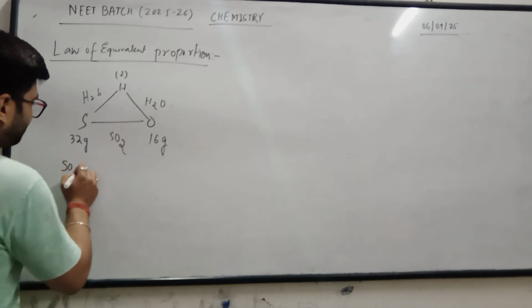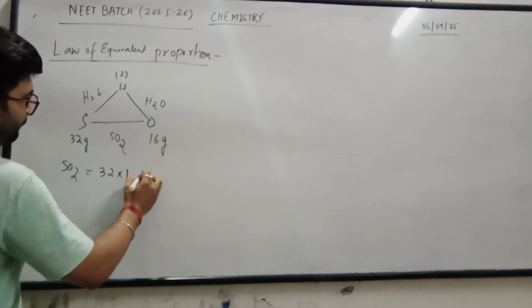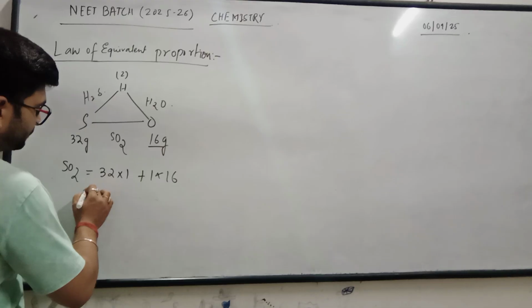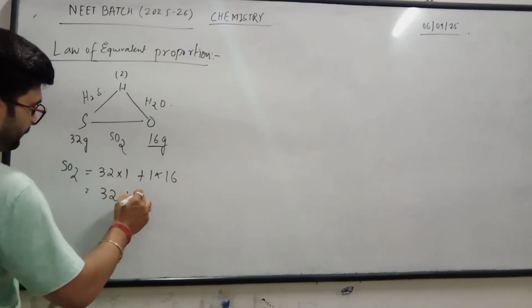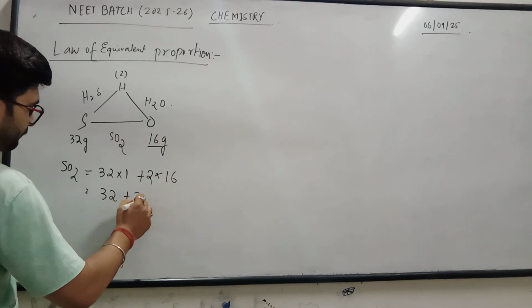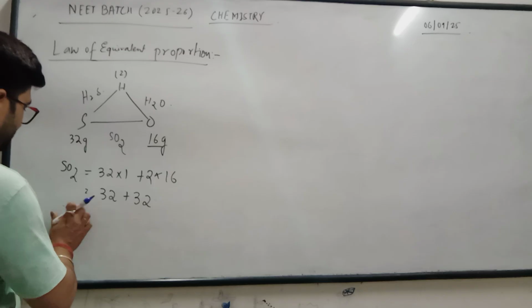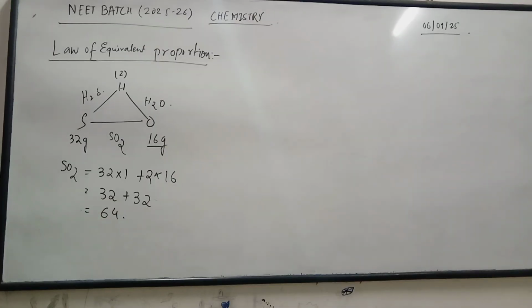Sulfur dioxide means 32 gram of sulfur plus oxygen, 1 into 16. So 32 plus 32, it is 64.